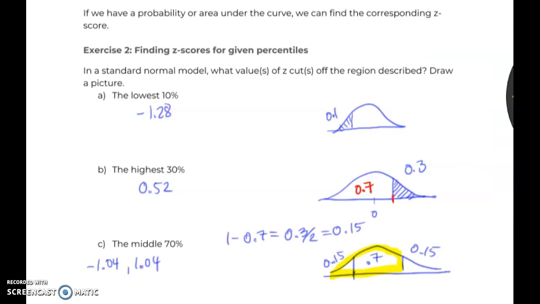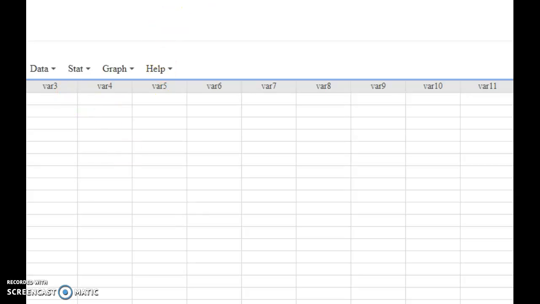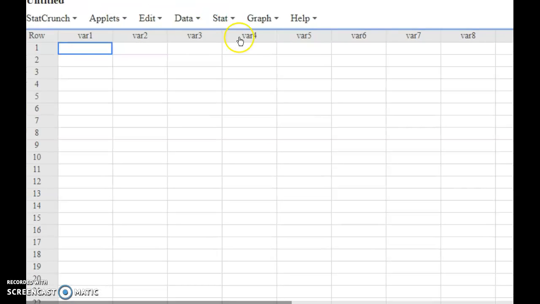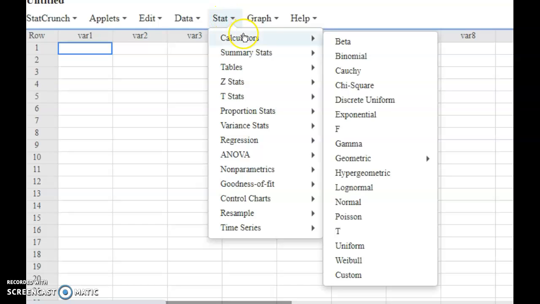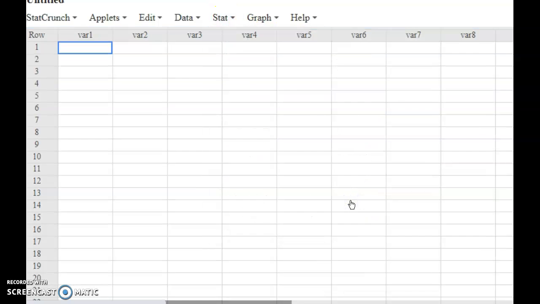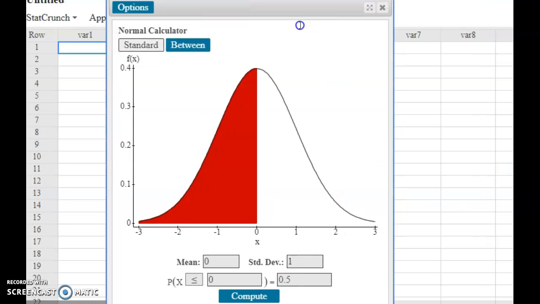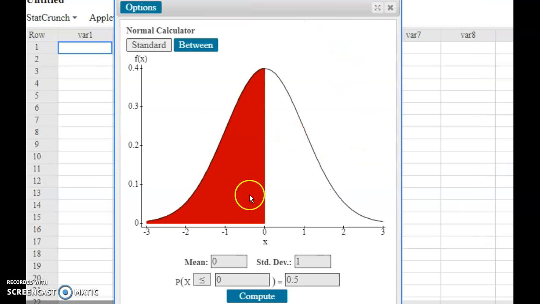So let's look at it on StatCrunch as well. We're looking for the lowest 10%, highest 30%, and the middle 70%. Over here, we are going to go again to Stat, Calculators, and our normal distribution. We have our standard normal distribution with a mean of 0 and a standard deviation of 1.